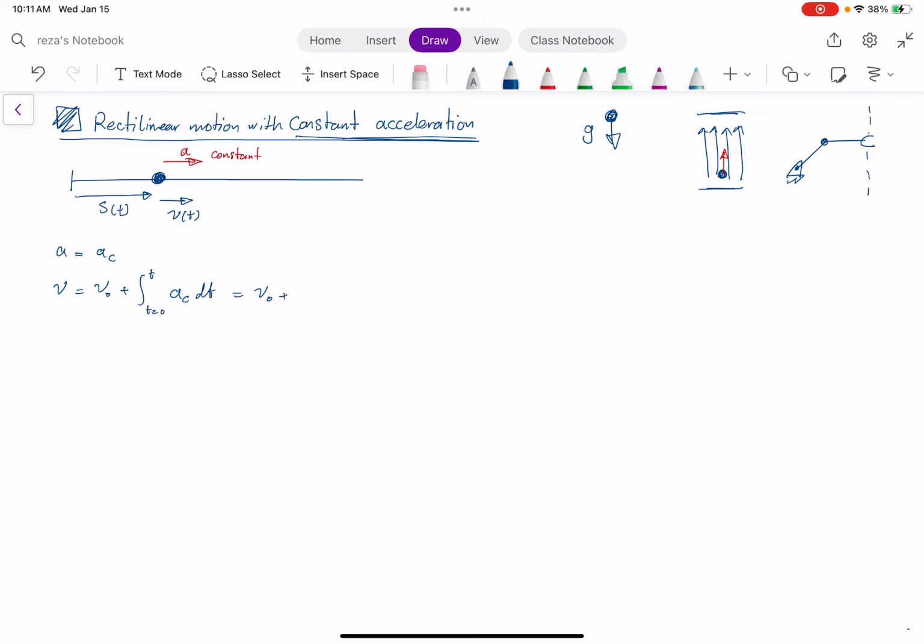I have v naught plus A_C times the integral from 0 to t of just dt, and this integral is just t. So I have v naught plus A_C t. If I know the initial velocity and how much time has passed, I can calculate velocity as a function of time at any time in the future.